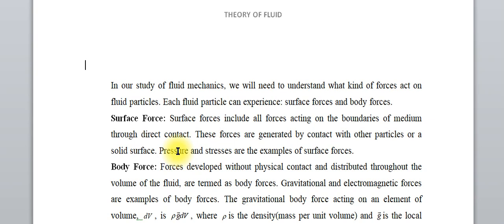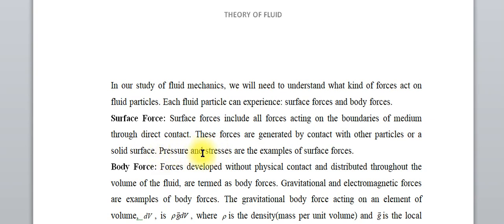If you recall, we have already discussed the difference between stresses and pressure: when the fluid is at rest, it experiences pressure, but the stresses will be zero.